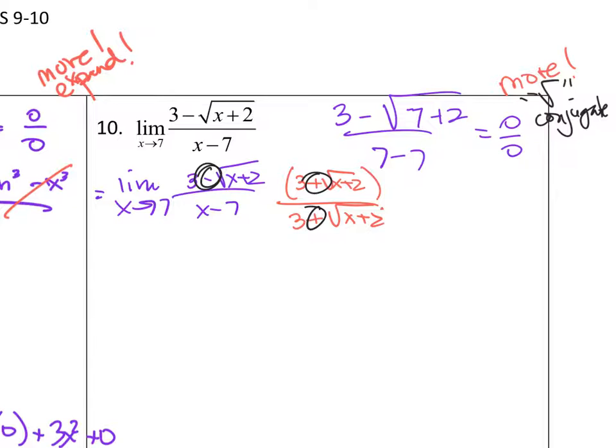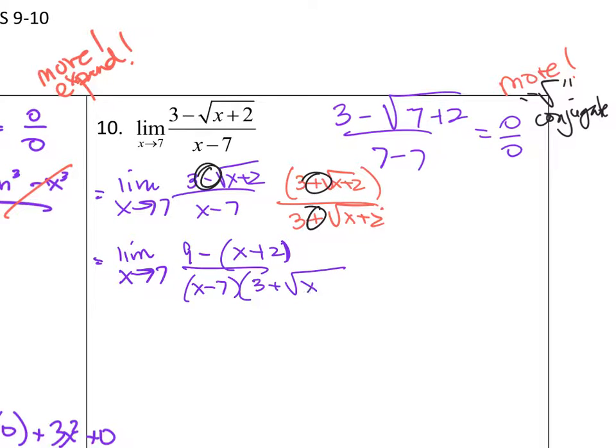So we are going to go ahead and do FOIL in the numerator, and you would get 9 minus the x plus 2. I'm going to keep these as factors in the denominator. Because why? Chances are the one factor will be able to reduce. So, something to think about.